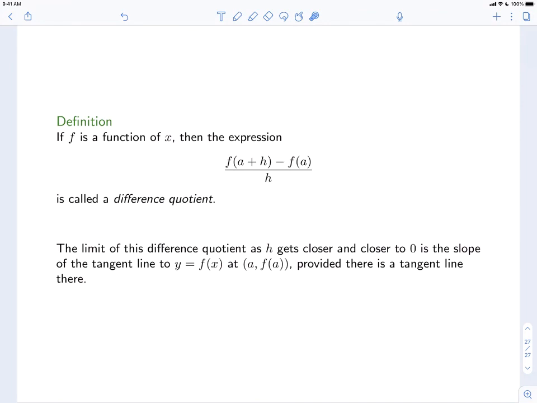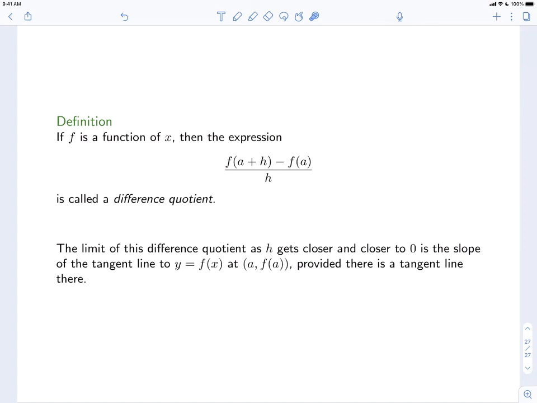We've defined two things, the slope of a tangent line and the instantaneous velocity or instantaneous speed. In both cases, we define them in terms of a limit. In the case of a tangent line, it was the limit of the slope of secant lines.